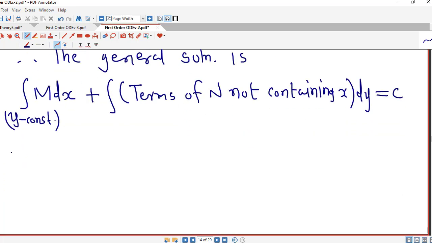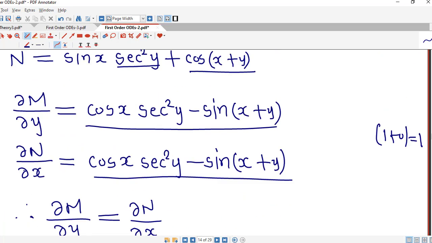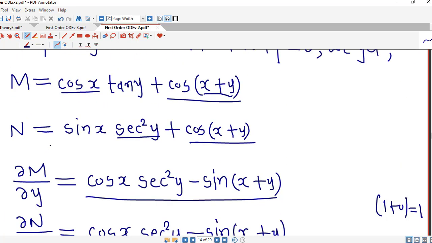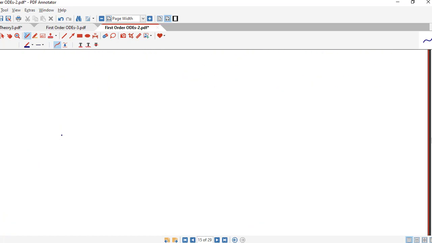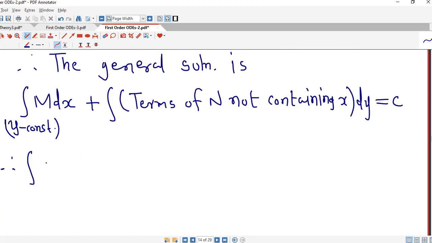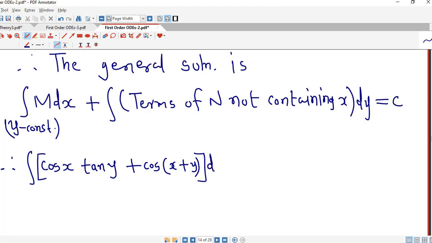So first we write down capital M. Capital M is cos x tan y plus cos of x plus y. We will integrate this function with respect to x.